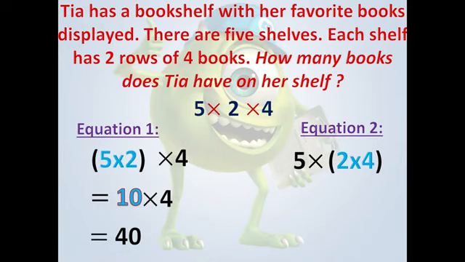So I'm going to start with 2 by 4 equals 8. Then I'm going to multiply 8 by 5. 8 multiplied by 5 equals 40. Great job! We can see both problems give us the same product, no matter how we group the numbers. That's amazing.